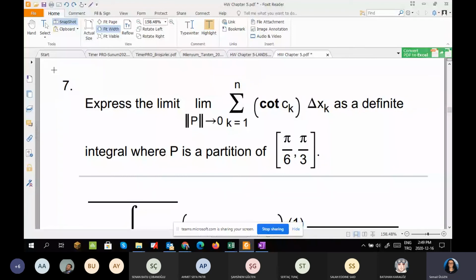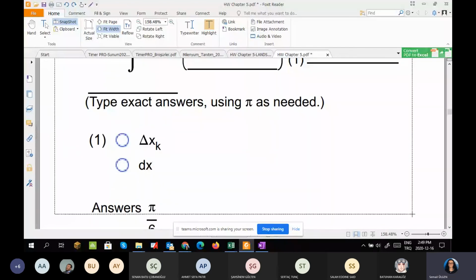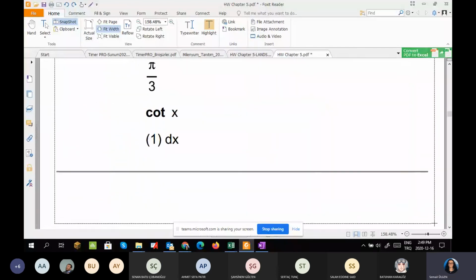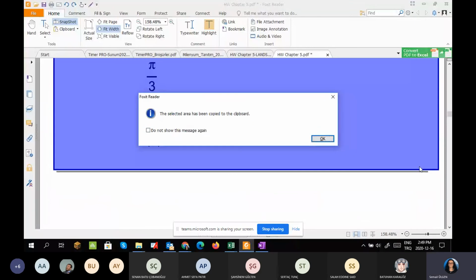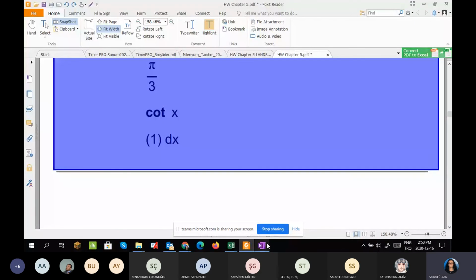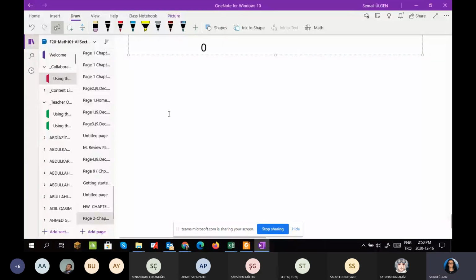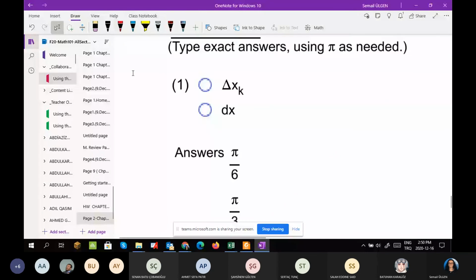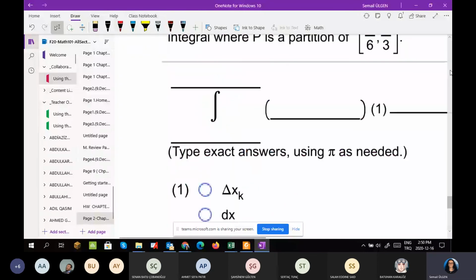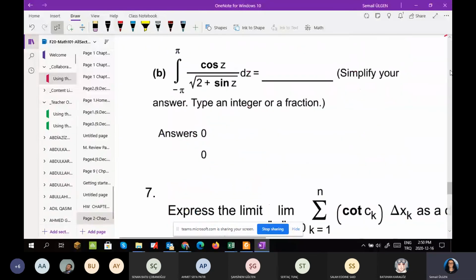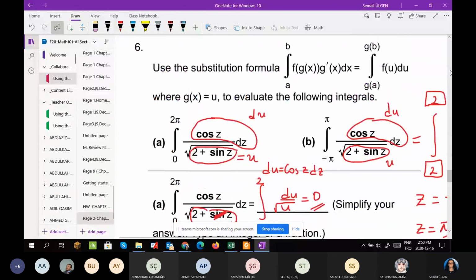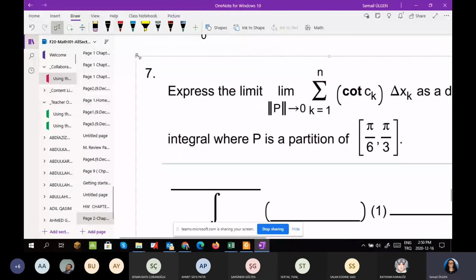Maybe I can copy this down and write it very quickly. Let's do this as well, and then we stop. Let's go up, make it a little bit smaller. Question 7.